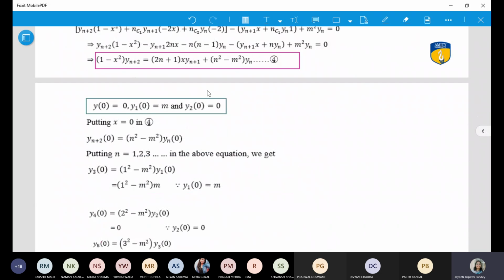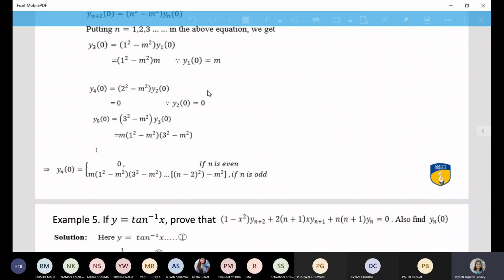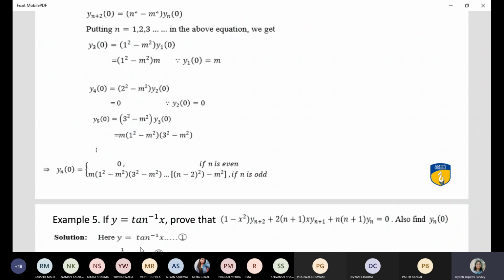Now I want you to solve the next question. If y is equal to tan inverse x, prove that this holds and find yn0. I'm leaving the first part for you because I'm assuming you know how to solve it. Can I proceed to the last part?